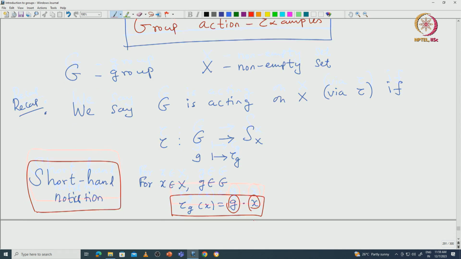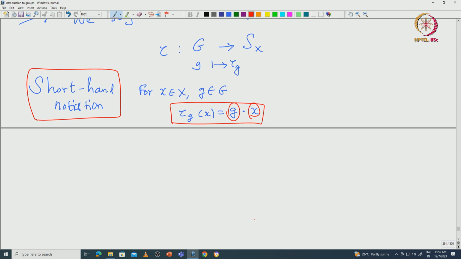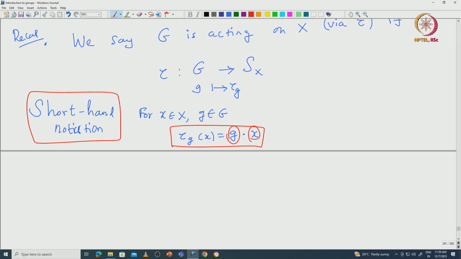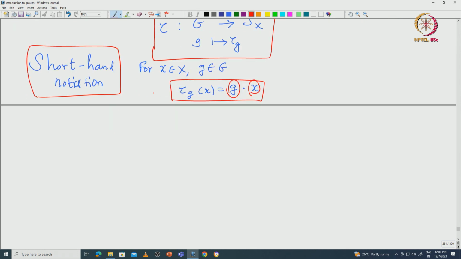So, let us see what this means. In terms of this shorthand notation, what is the meaning of tau being a group homomorphism? Recall some of the things that we proved.